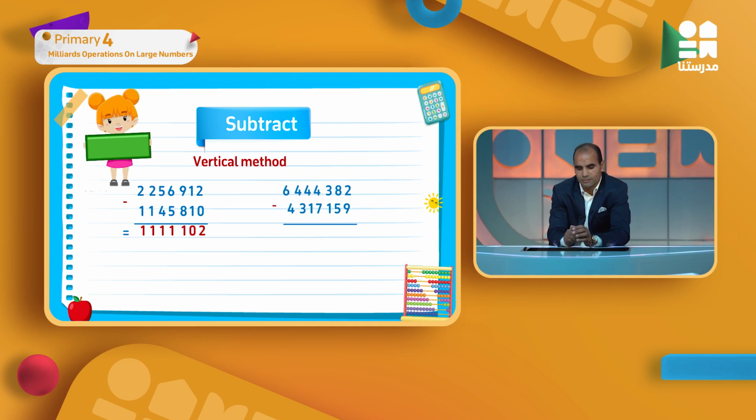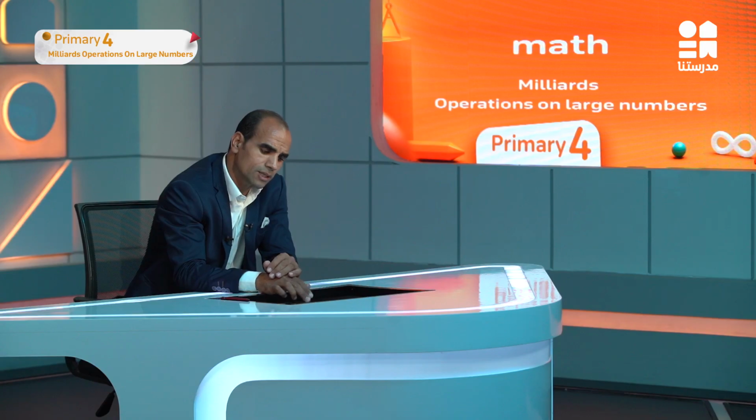This example, we have here 6,444,382 minus 4,317,159. What is the difference now? We have here 2 minus 9. Doesn't go.